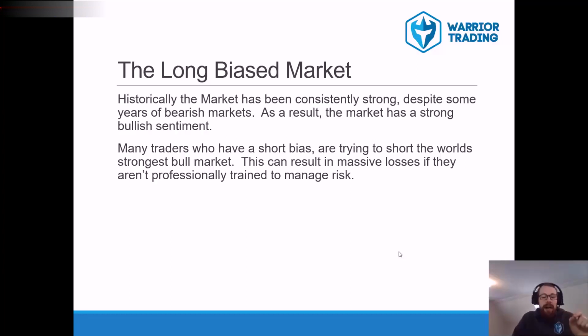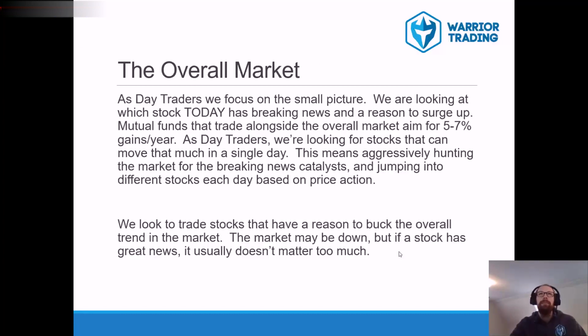I'm not going to try to fight a bull market. Being a short bias trader and trying to short the world's strongest bull market can result in massive, massive losses. I would prefer to trade with the trend, to trade with the direction that seems to be institutionalized even through regulations like the short sale restriction rule. So I trade with the long bias.